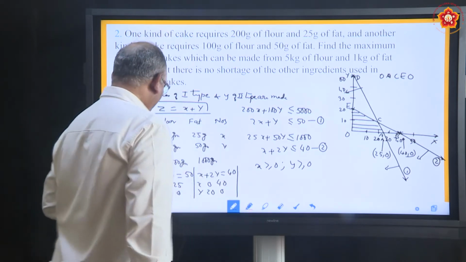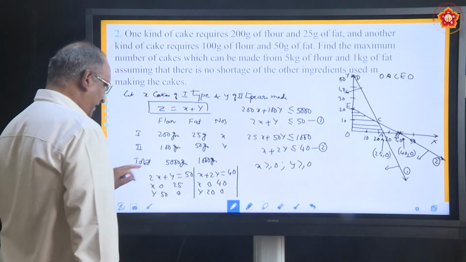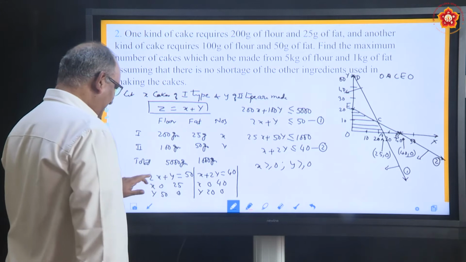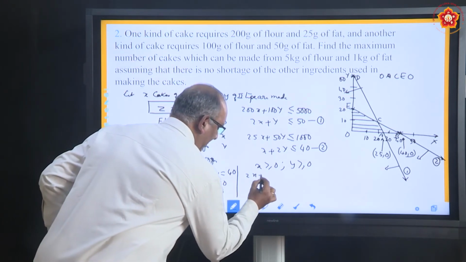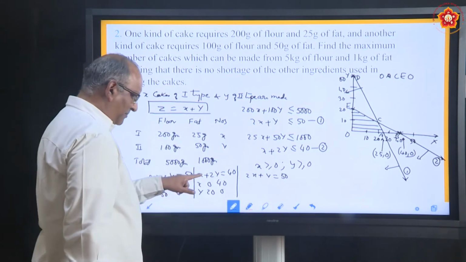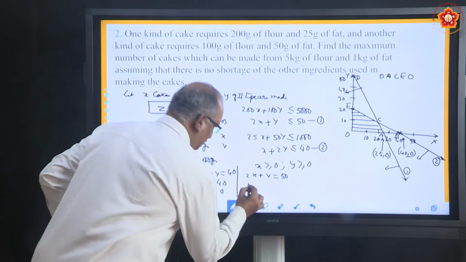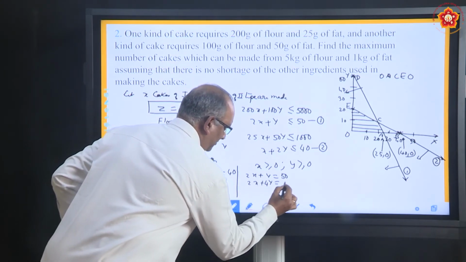Means what? I will solve these two equations simultaneously. How do I do that? Write them one below the other. One is 2x plus y equal to 50. This is the first equation. This I will multiply with 2. So, this becomes 2x plus 4y equal to 80.